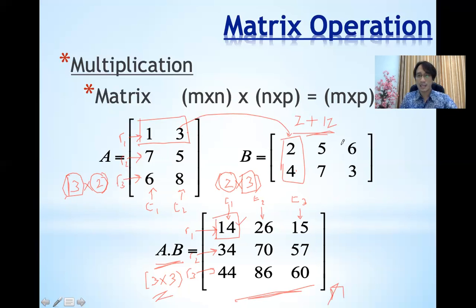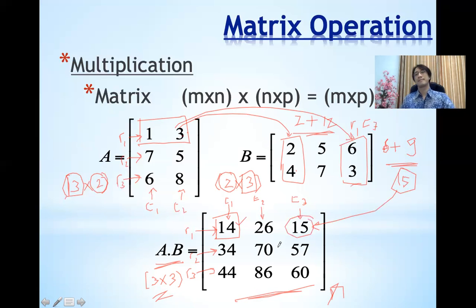For the last part, row number 1, column number 3, this is the way you multiply it. This row with this column. 1 times 6, 6, plus 3 times 3, 9. 6 plus 9, 15. 15 will be the result of this part.